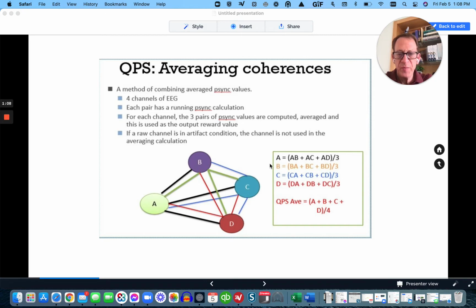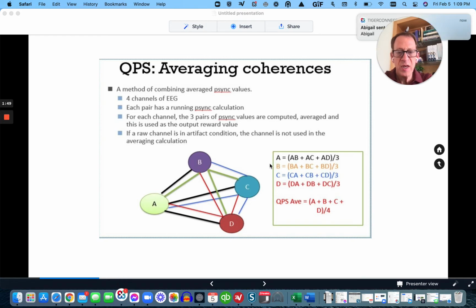For example, the coherence between A and B, A and C, and A and D are all calculated. They're averaged, and that value represents what we call shared variance at sensor location A. That's done for B, C, and D. So there are shared variance values over each location, and those four are then averaged for what we call a QPS average, which is our single metric that represents the multivariate coherence combinations across all four sensor locations.